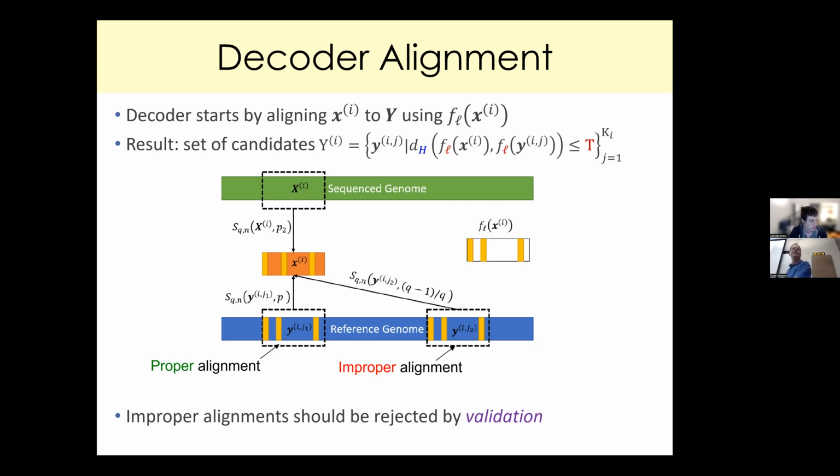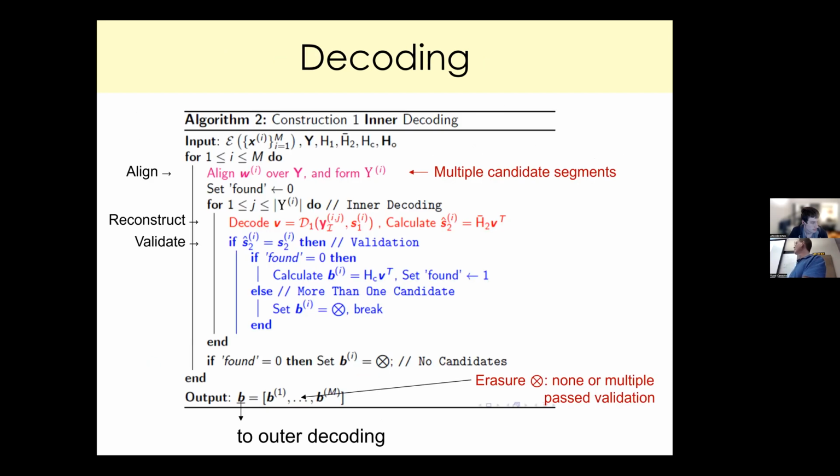Just to follow up on this, so at this point you have a set of candidates, and then you are going to discard some of them on the next step. Yeah, this inner decoder will reject some, but some will even manage to be miscorrected.